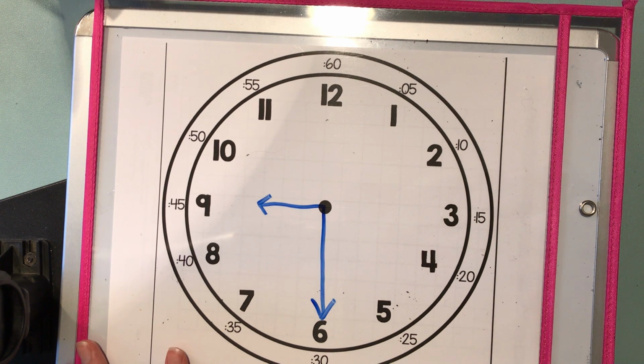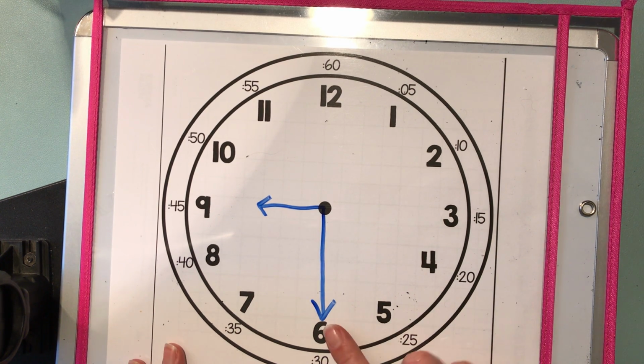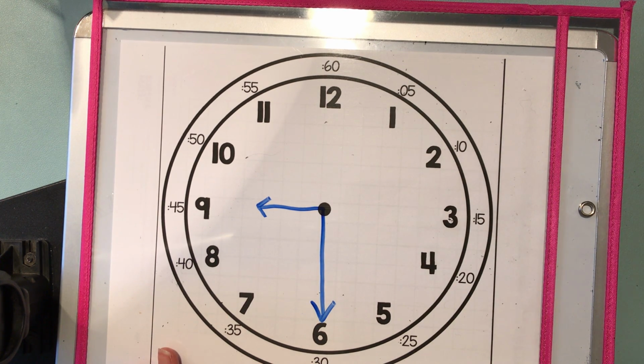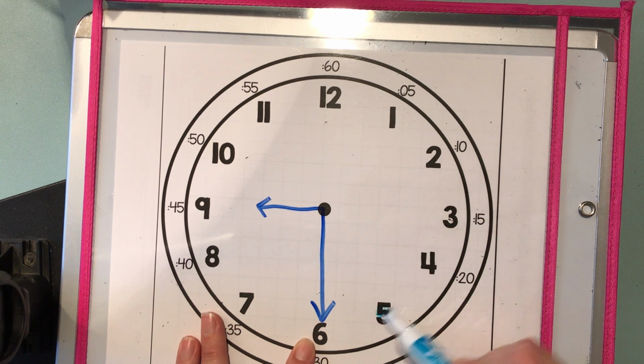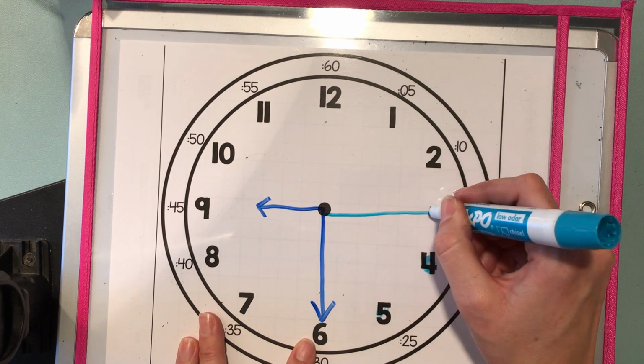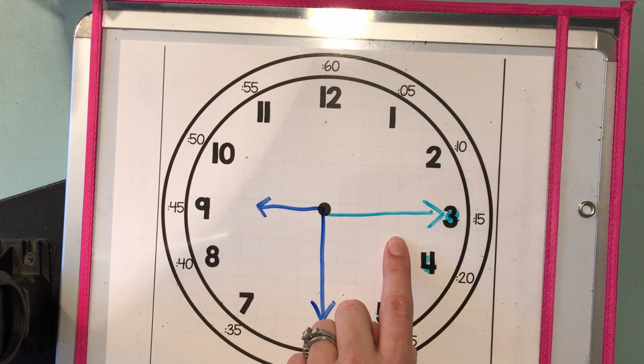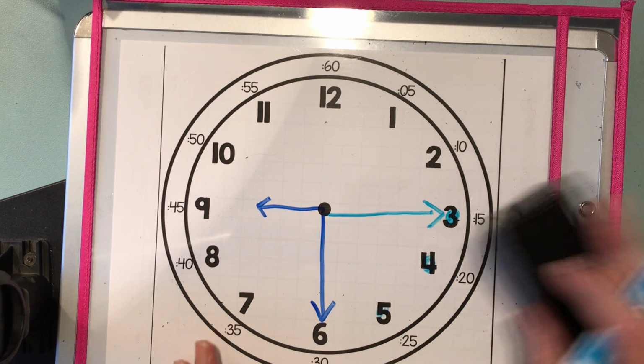What time was it 15 minutes ago? That means I have to go backwards, right? I need to know what time it was 15 minutes ago. Same strategy. You're going to count by fives. You ready? 5, 10, 15. All right, so that means that it was 9:15. Not too bad, right?